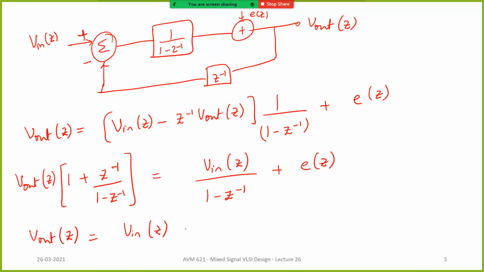And for E of Z, what do you get? This multiplied by 1 minus Z inverse. Okay. Now, if you look at this form, let me just rewrite it here in the next slide. V out of Z is equal to V in of Z plus E of Z multiplied by 1 minus Z inverse.